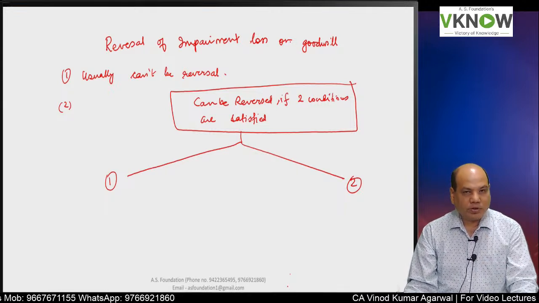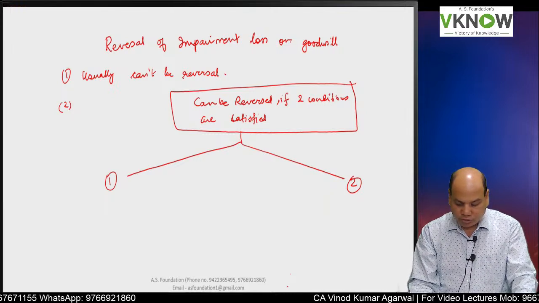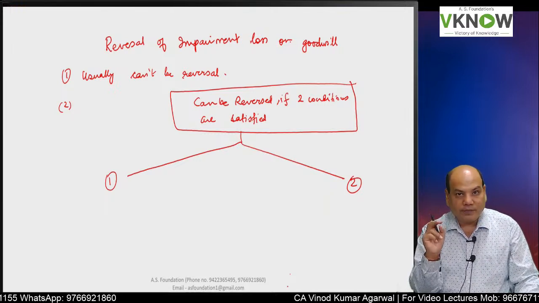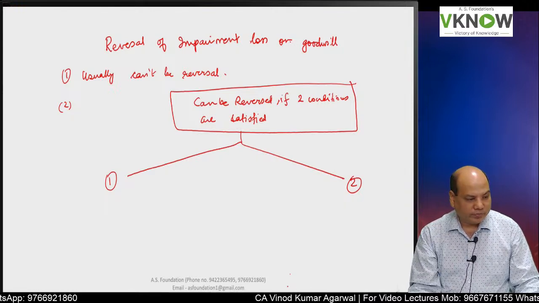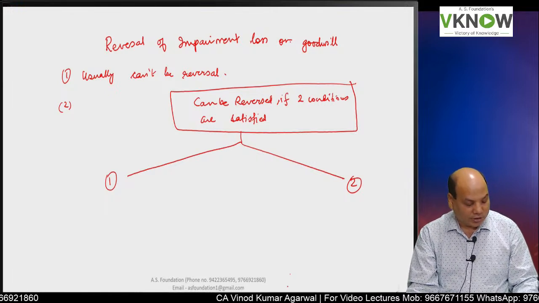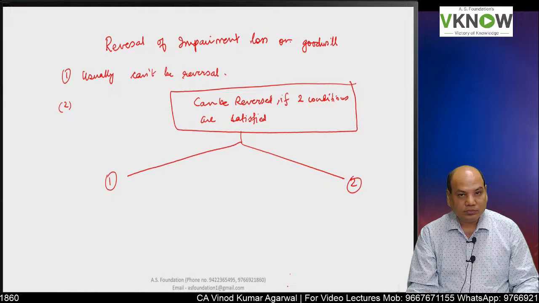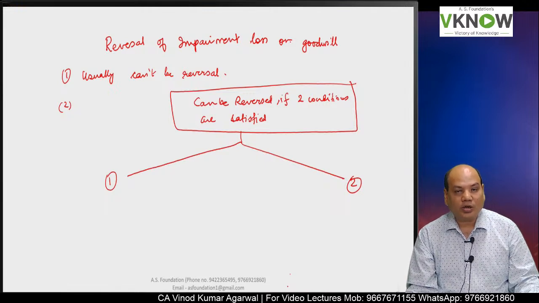The first condition, I will read from your book, paragraph 26, point A: the impairment loss was caused by a specific external event of exceptional nature not expected to recur.